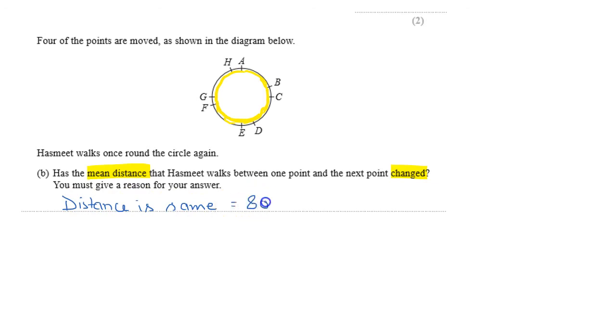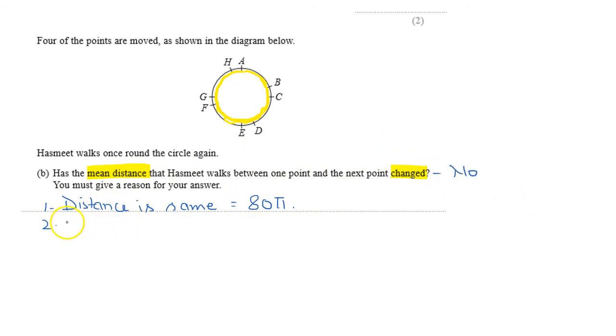That is 80 meters. No, not 80 meters. The distance is not 80 meters. The distance is 80 pi. That is 80 pi, and this is the first thing. And the second is, the answer is no.